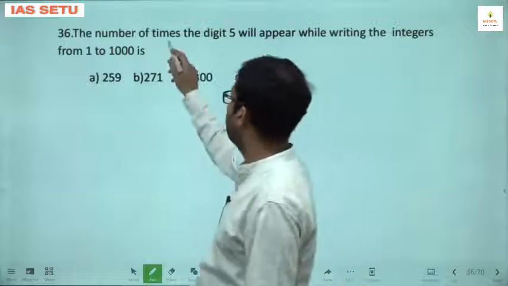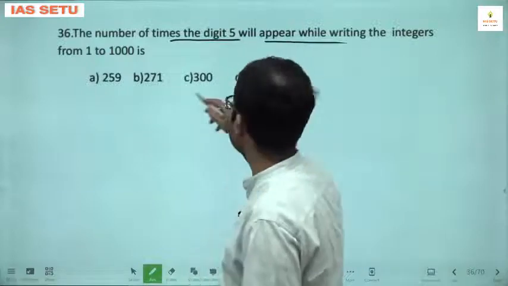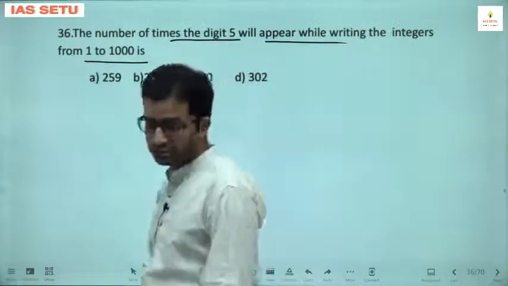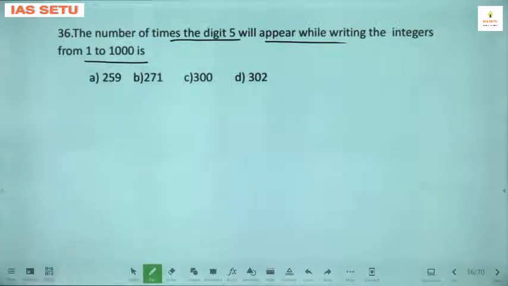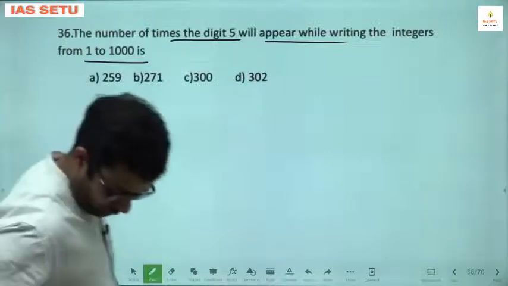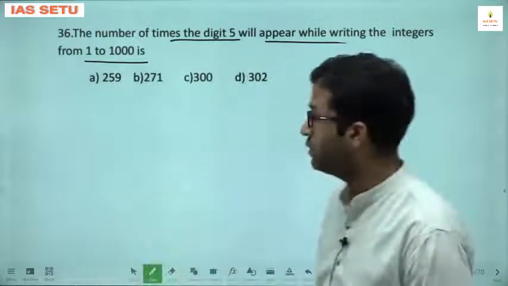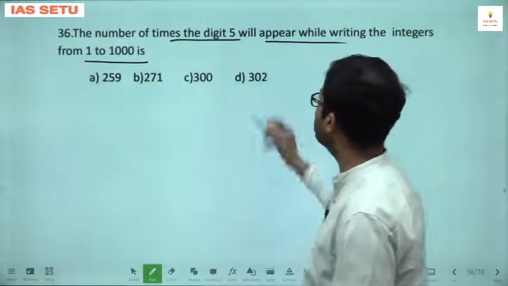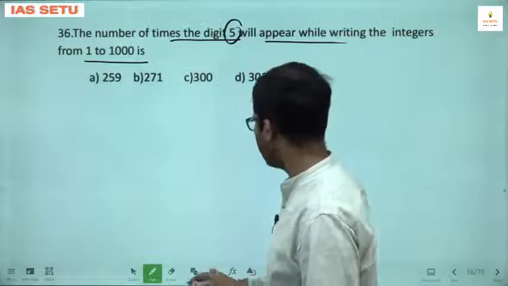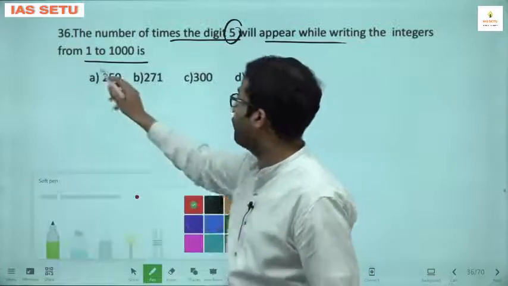Question number 36: the number of times the digit 5 will appear while writing the integers from 1 to 1000.